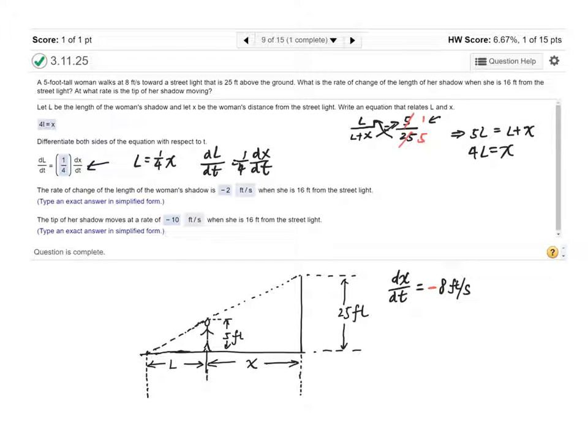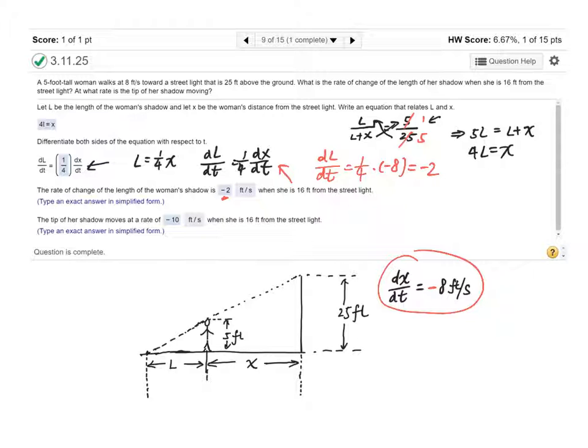And because from this equation, dL/dt depends only on dx/dt, I'm going to continue to use this equation. dL/dt is going to be 1/4 times dx/dt, which is given here. So I'm going to plug in negative 8, which gives negative 2. That's how I get to the negative 2.